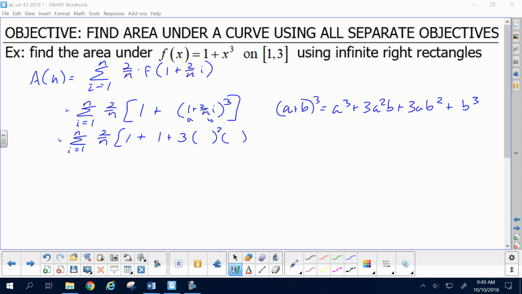So I'm going to put that kind of basic blueprint down, and in place of the a goes 1, and in place of the b, 2 over n times i. The next term is 3ab squared. In place of the a, again, is 1. In place of the b is 2 over n. And then b cubed is one big thing cubed, and that big thing cubed is 2 over n i. All right.